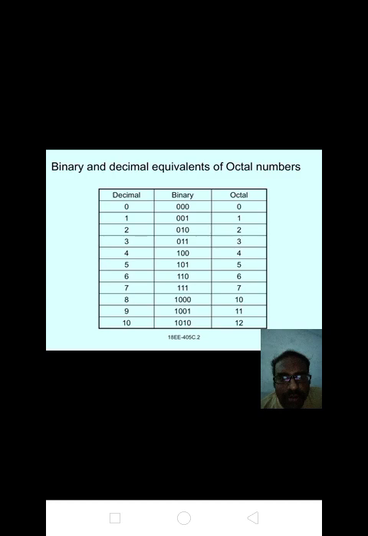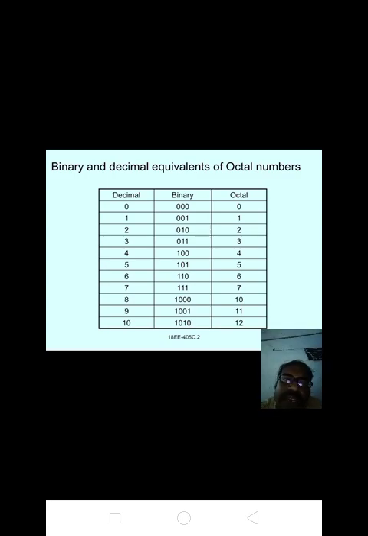For 0, the binary number is 000, octal number is 0. 1 is 001, 1. 2 is 010, 2. 3 is 011, 3. 4 is 100, 4. 5 is 101, 5. 6 is 110, 6. 7 is 111, 7. 8 is 1000, 10. 9 is 1001, 11. 10 is 1010, 12. These are the binary and octal equivalents of decimal numbers.